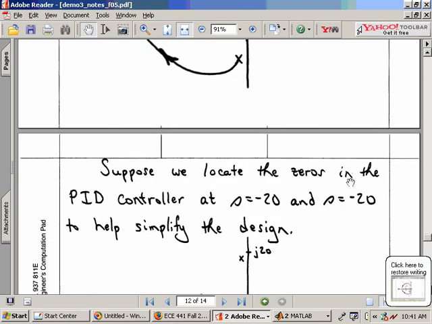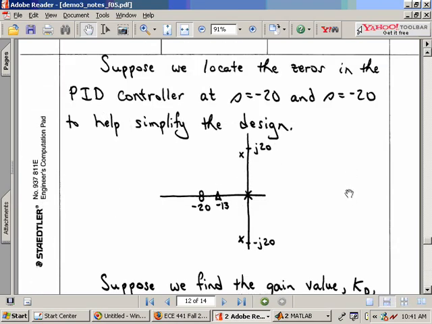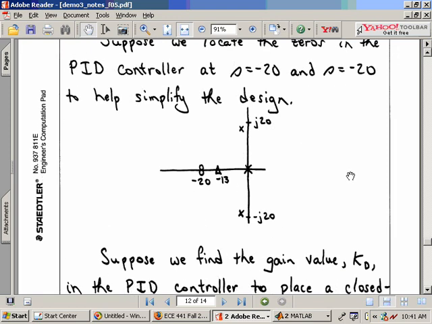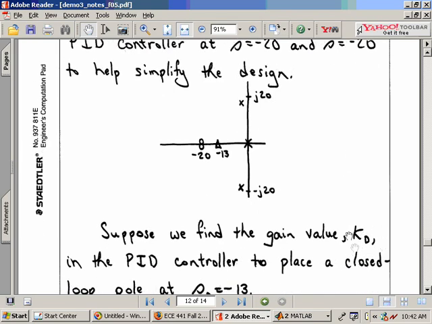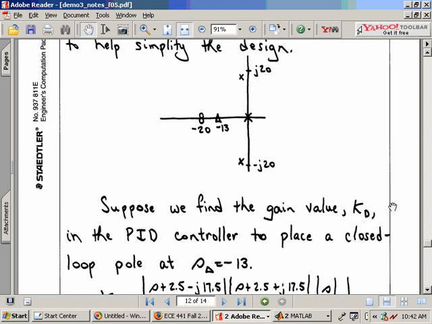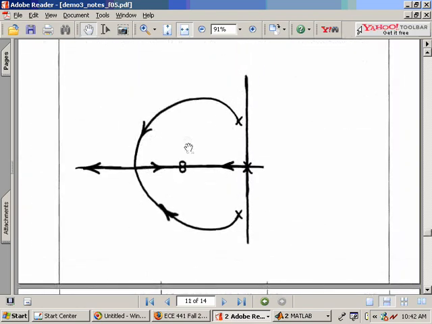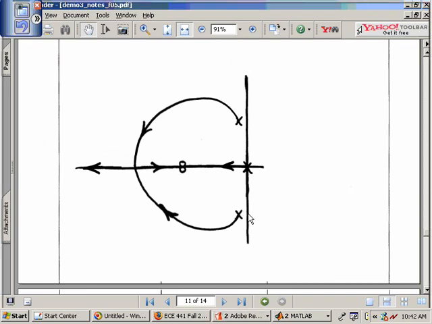What we now want to do is determine what? By picking those two zeros at -20, we've now already fixed the numerator zero structure of our PID controller. All that's left to design is the gain value K sub D. Let's select the gain such that, if you remember this picture, this particular real pole is at -13.